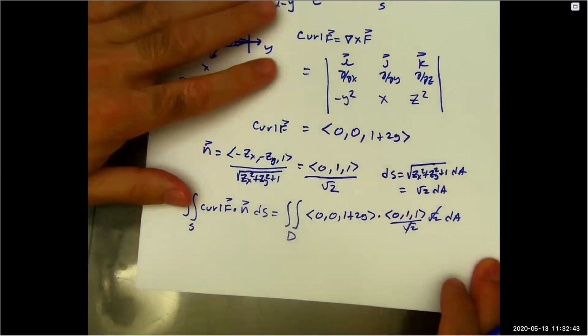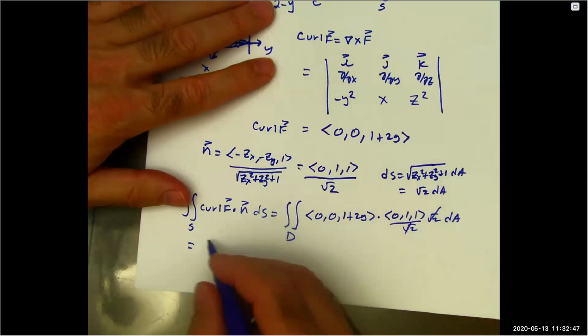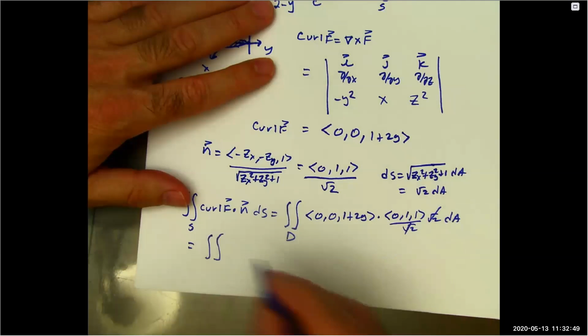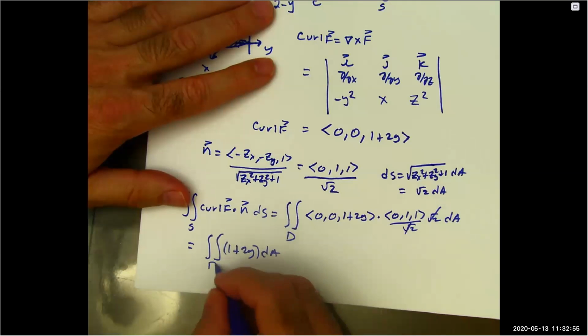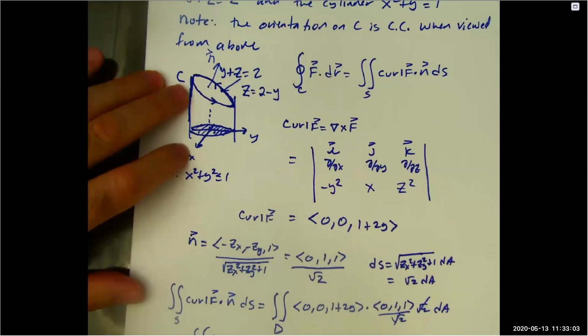All right, so we're going to be integrating over that. And so what this gives us is, when we do our dot product, we're just going to have the integral of 1 plus 2y dA over D. And since we have a nice polar region here, we're obviously going to use polar coordinates.